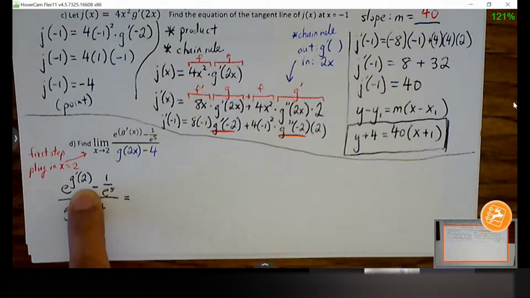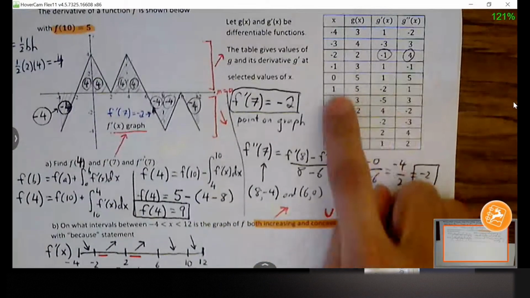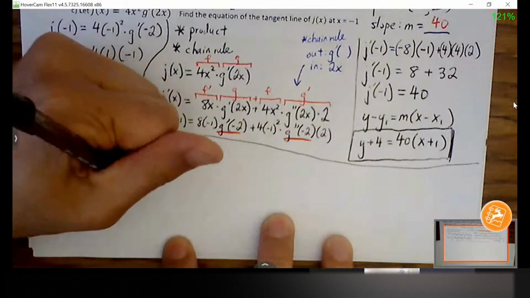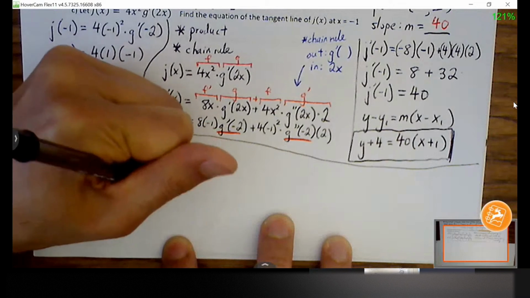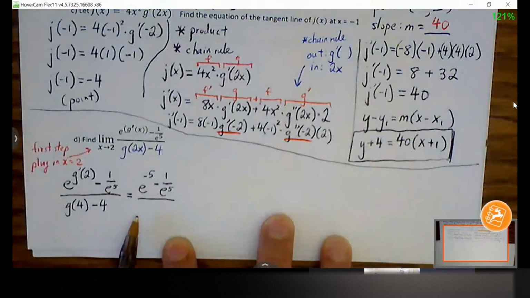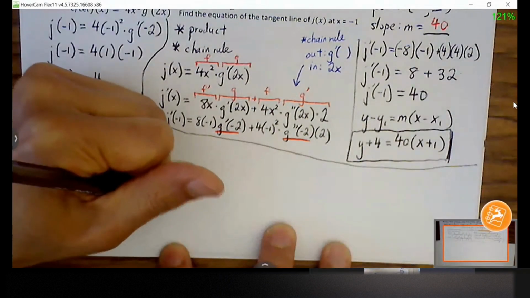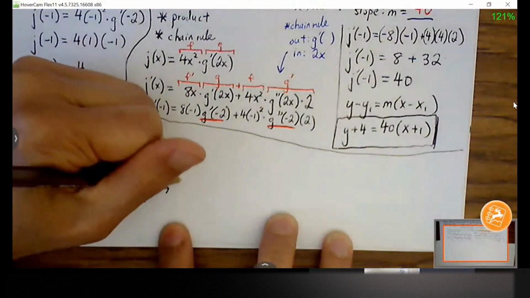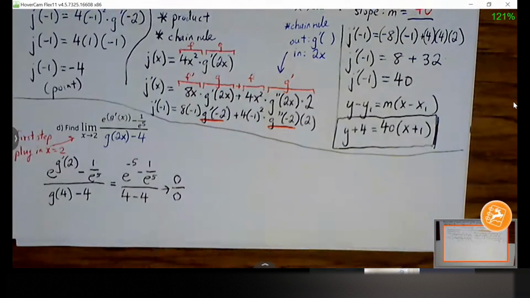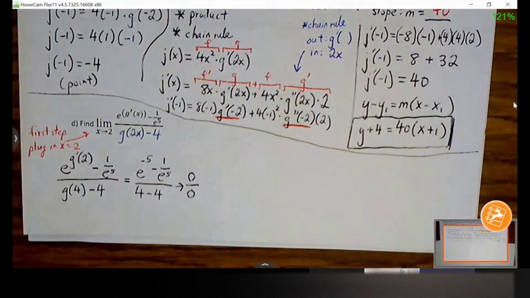What's g prime of 2? -5. Okay, I'm just going to insert that. E to the -5 minus 1 over e to the 5th. And then what's g of 4? 4. All right, what do we see here? 0 over 0. So that is very telling. That tells us that a limit exists, but we haven't found that limit yet. There's a hole in the graph.